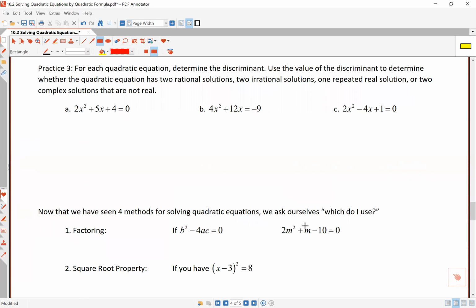Now that you've had a chance to work these out, I'll work these out with you. Using the discriminant, b squared minus 4ac, we can determine the nature of the solutions. In this case, b is 5, a is 2, and c is 4.